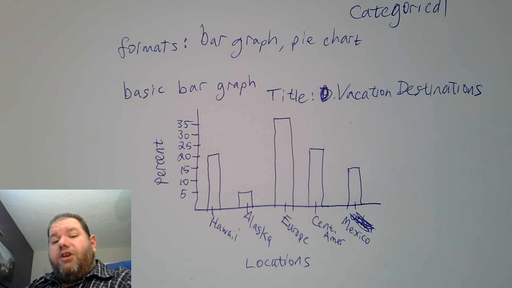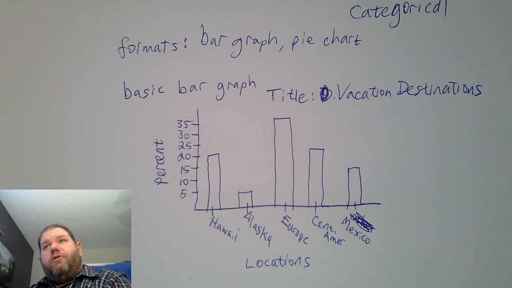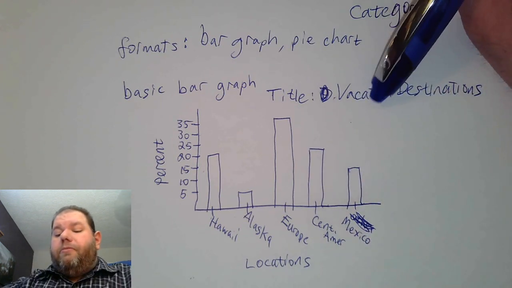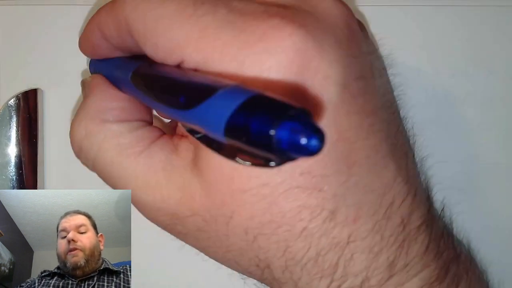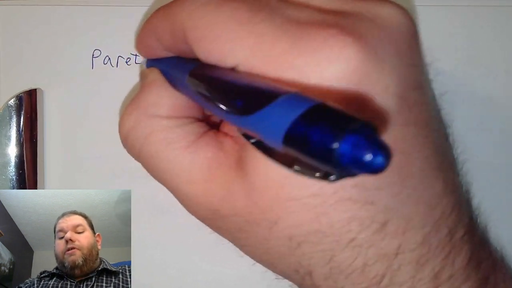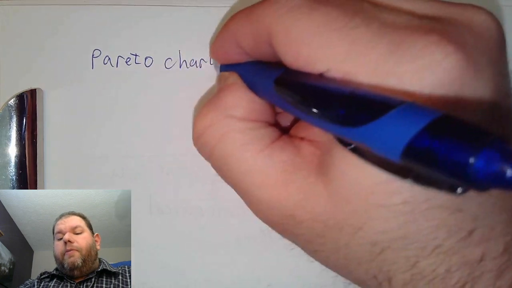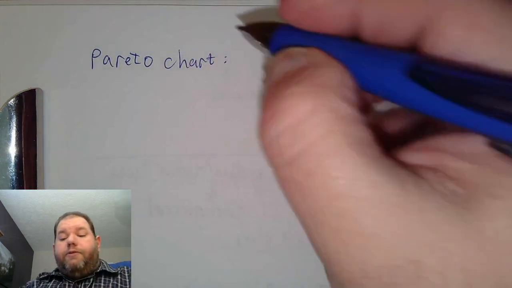So there's actually a variation on the bar graph that we do use as an alternative in creating qualitative or categorical displays, and that is what we call the Pareto chart. So a Pareto chart, this is a bar graph still.